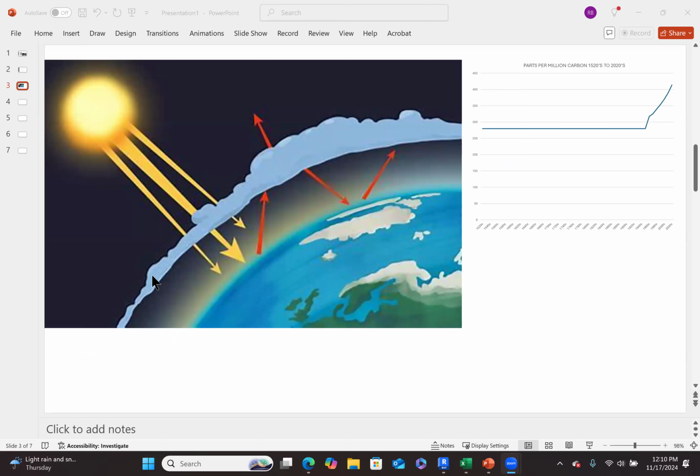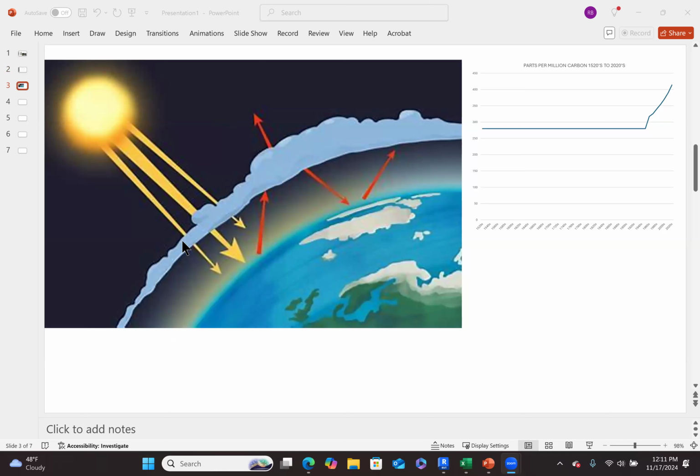So what happens is if we look at this cloud level rather as the carbon in the atmosphere, the light from the sun comes to the earth. When it hits the surface of the earth, it changes from light to heat, and that heat is then reflected back out into the universe.